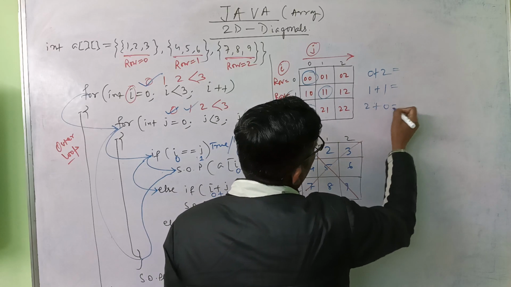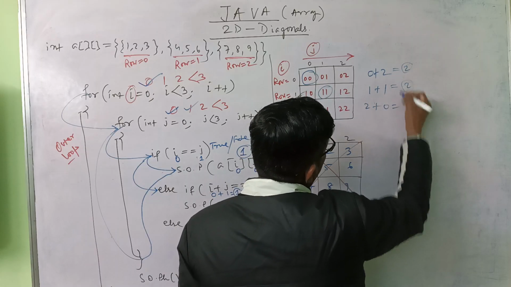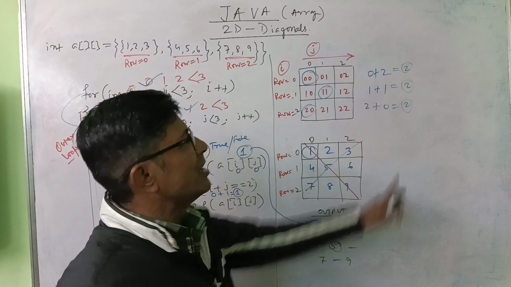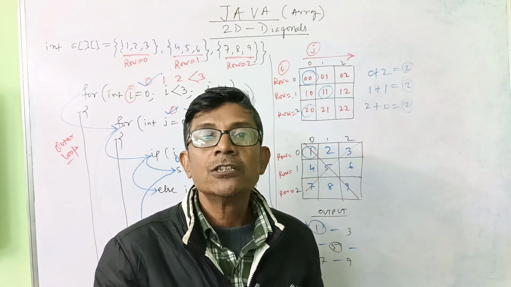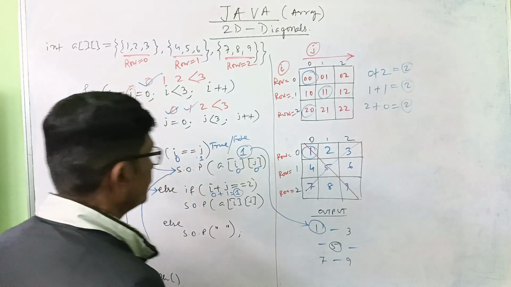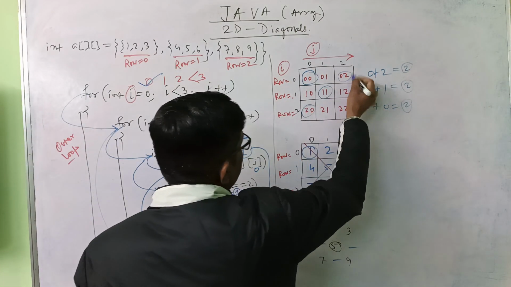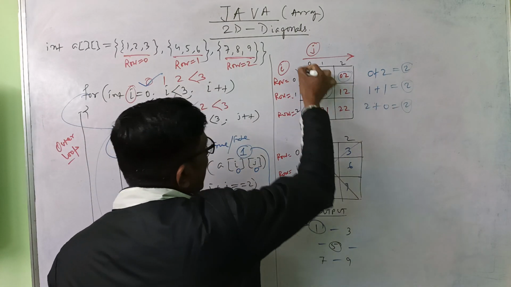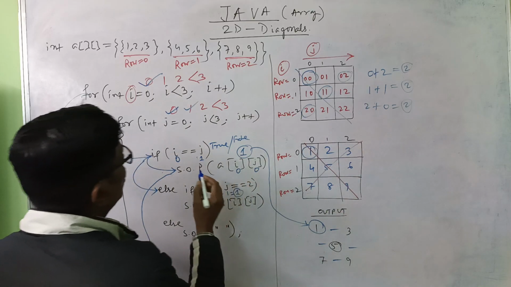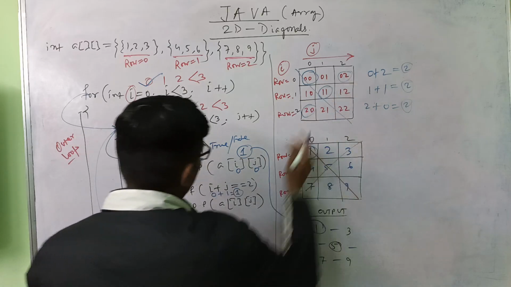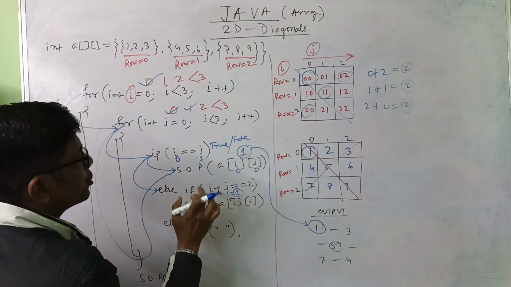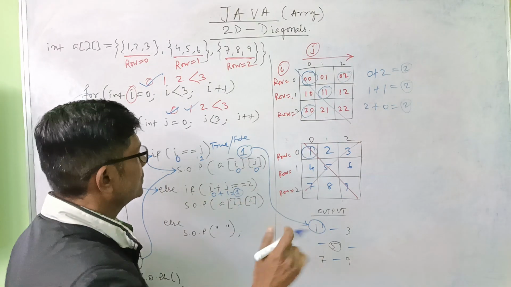If you sum all these values, the result will be 2. When this condition is successful, it means you are getting the right diagonal. To get this one, we have to follow this condition. So this condition is also not matching.